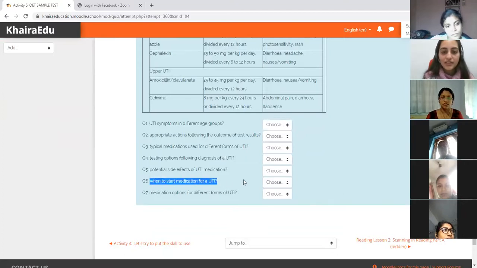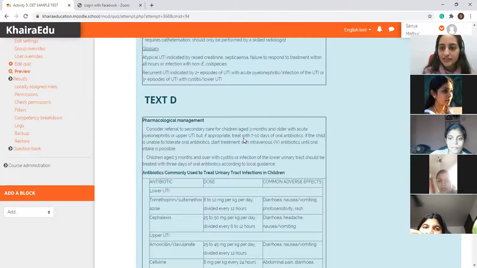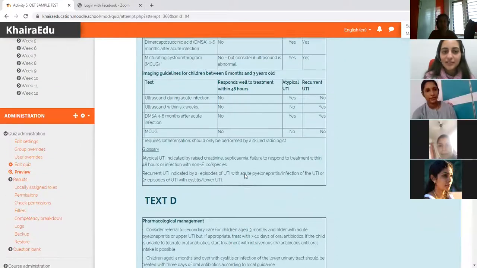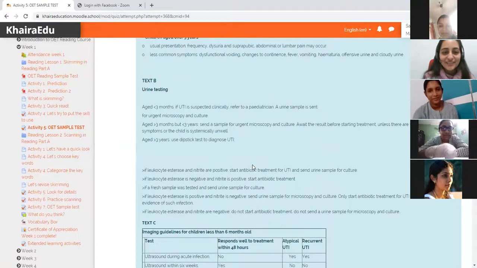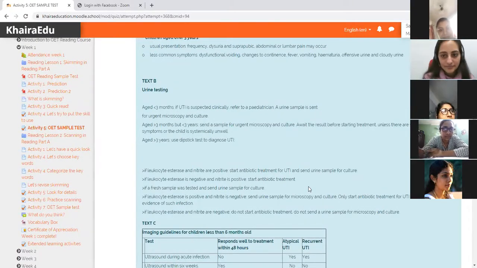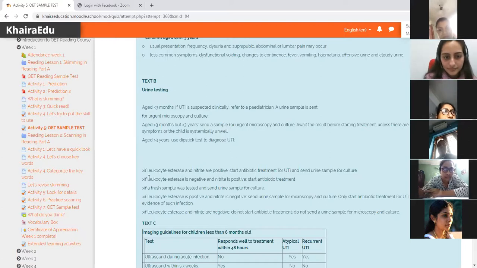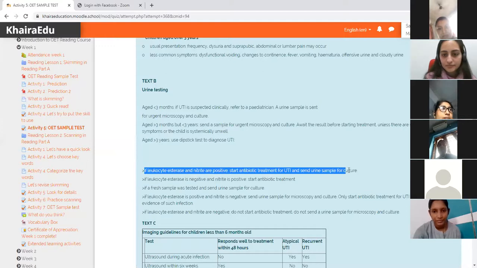Okay, then number 6: when to start medication for a UTI? What was the answer? B. B or D? Someone said D. B. Okay, so where can you find it in B? In B, the second paragraph: start antibiotic for UTI. Only start antibiotic treatment for UTI if there is good clinical evidence.